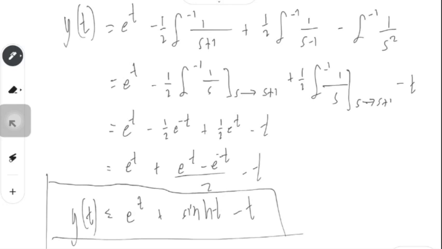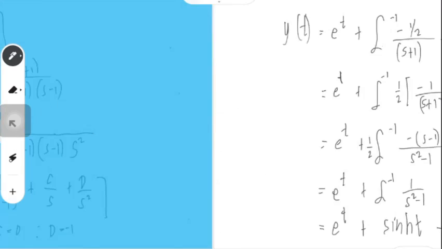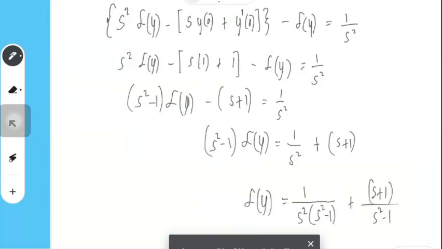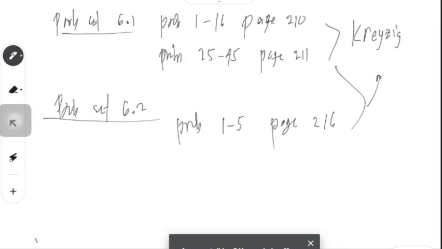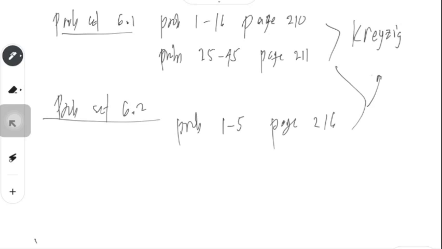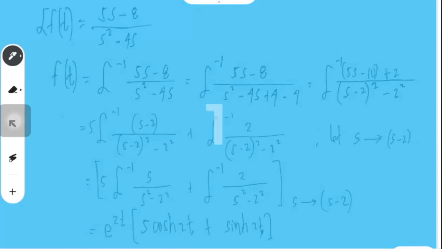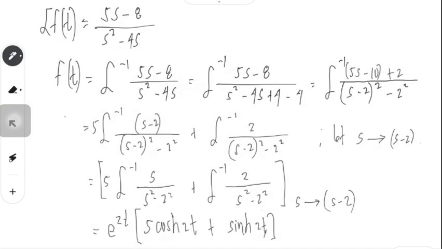Screenshot na ninyo. Yung assignment huwag niyong kalimutan. Problem set 6.2, page 216, all about theorem number 3. Sir, yung sa problem set po, magpipick lang po kami ng 5 questions po. Oo. Pero kung gusto niyo sagutan lahat, mas maganda, if you have time.